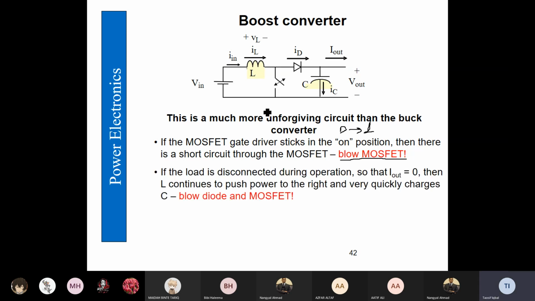Second problem of this circuit is because it's a step-up circuit. So when we are stepping up the voltage, it is going to dump in the capacitor. And if there is no load connected, the capacitor voltage will keep on rising without decreasing or without supplying any current to the load. So therefore, high voltage of the capacitor can damage the diode as well as the MOSFET.